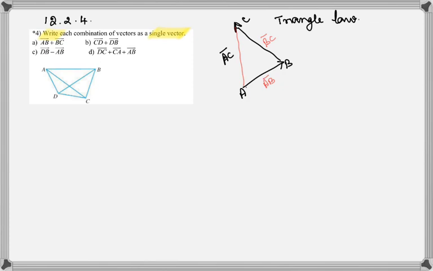Okay, so it's a directed line segment starting from the initial point of the first vector and connecting the terminal point of the second vector. That is how the sum of two vectors works.